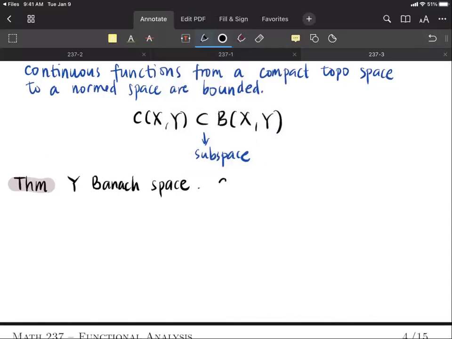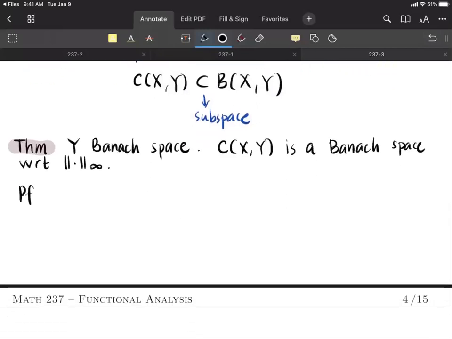Then C(X, Y) is a Banach space, of course with respect to the norm in the space of bounded functions, that is the sup norm. So to look at the proof, we already know that the space of bounded functions is complete, so it's a Banach space.